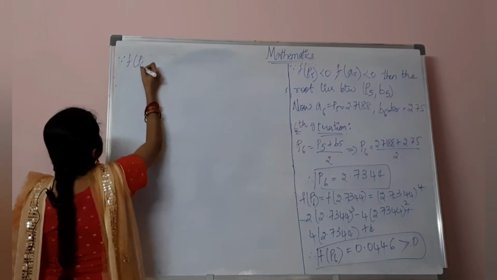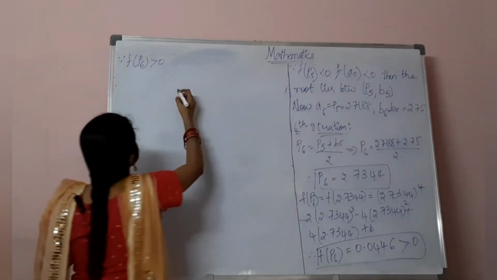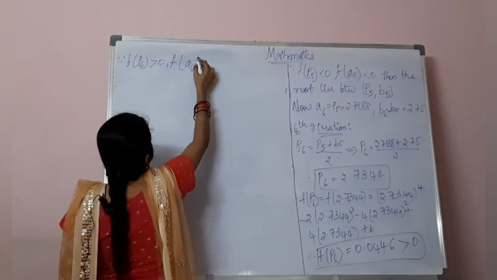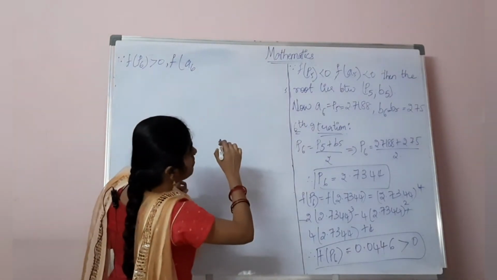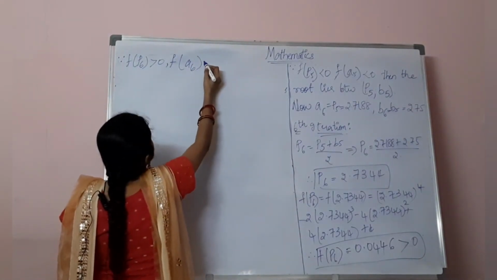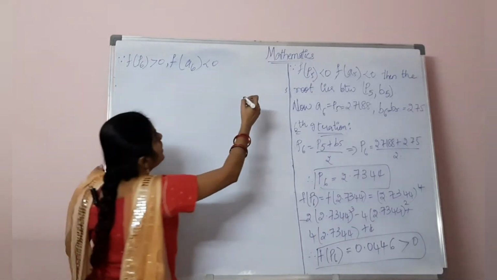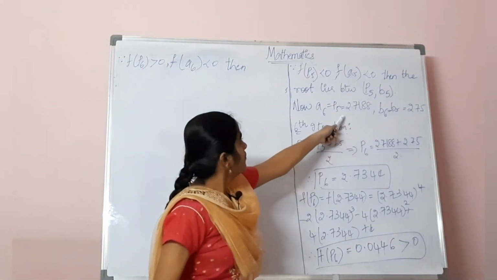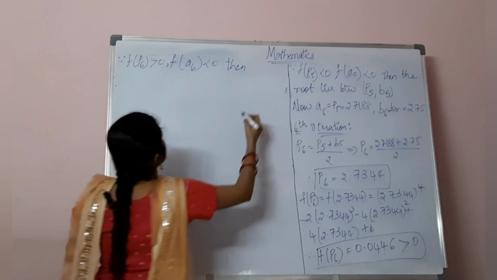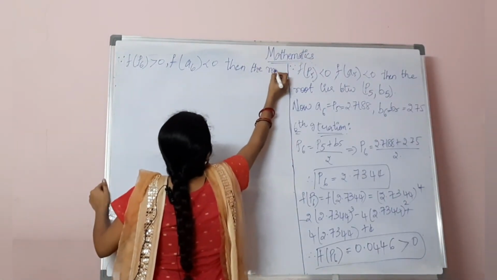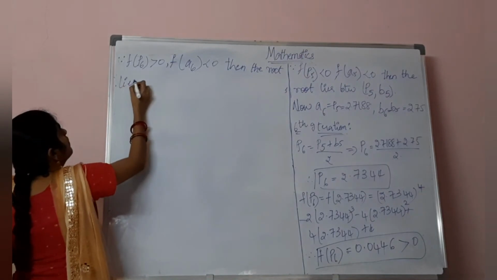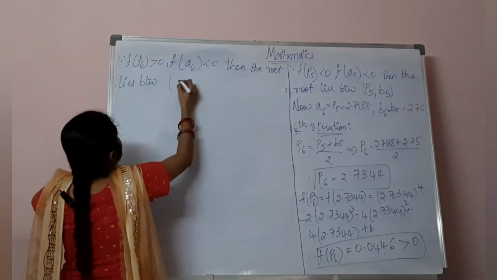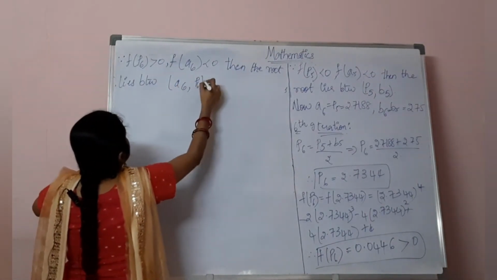f of P6 greater than 0, f of A6 less than 0, then the root lies between. What is A6 here? A6 is P5, and we got f of P5 less than 0. One is greater than 0 and one is less than 0, so the root lies between A6 and P6.